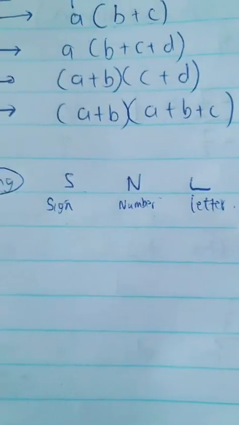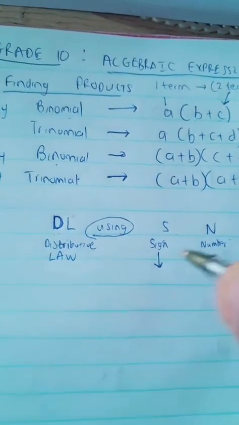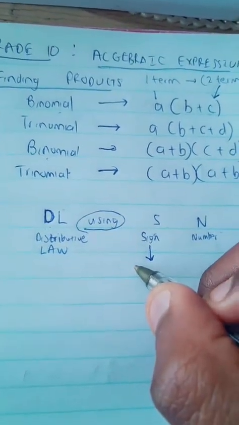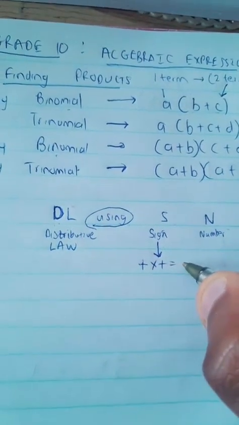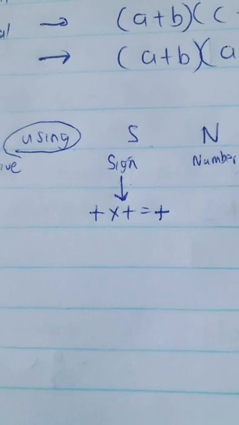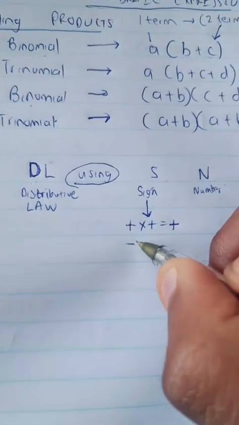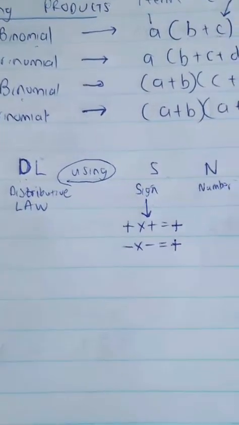There are a few things we need to understand with the sign first and foremost. Multiplication of signs: a positive times a positive gives us a positive. Hopefully we all know that. A negative times a negative gives us a positive.